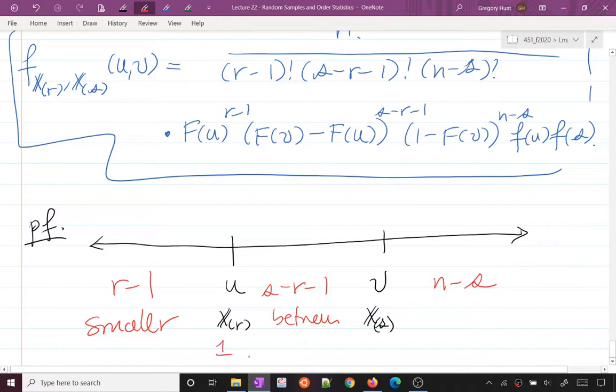And we have 1 at u, 1 at v, r minus 1 smaller, s minus r minus 1 between, and n minus s above.